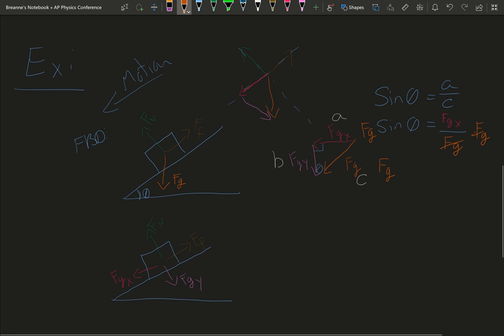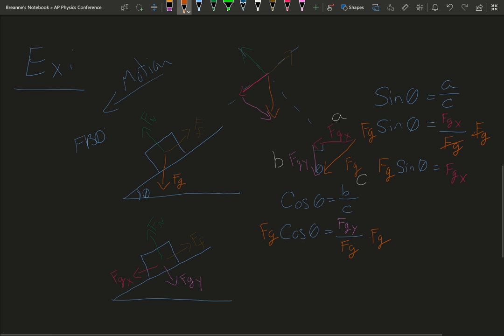So we get that our force of gravity times sine theta equals our force of gravity in the x. We can do the same thing for our force of gravity in the y. Our cosine would be B over C. So cosine theta equals our B, which would be our force of gravity in the y, divided by force of gravity.